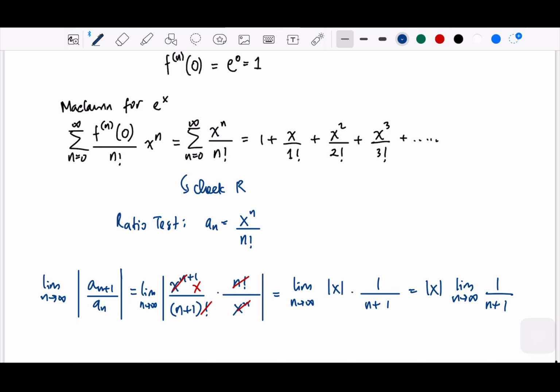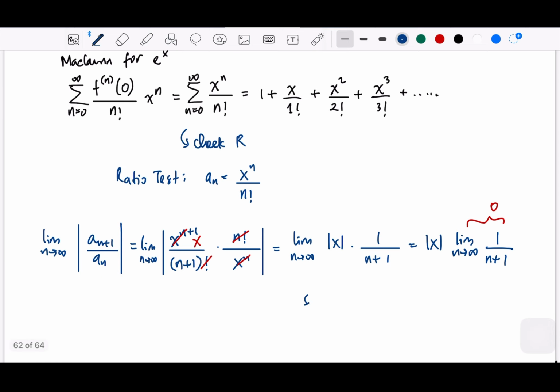And we could see that the limit itself is always 0, right? It's always 0, so any x is possible. So from this conclusion, the series converges for all x. So R is for every x.